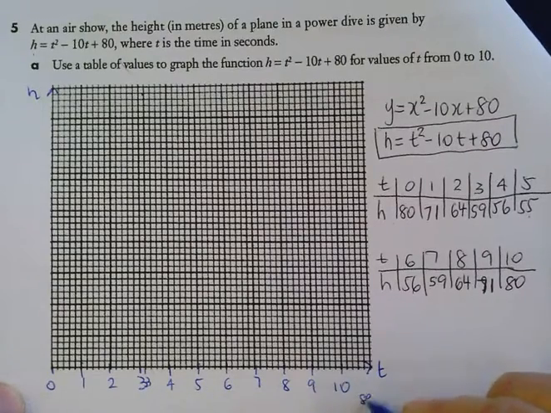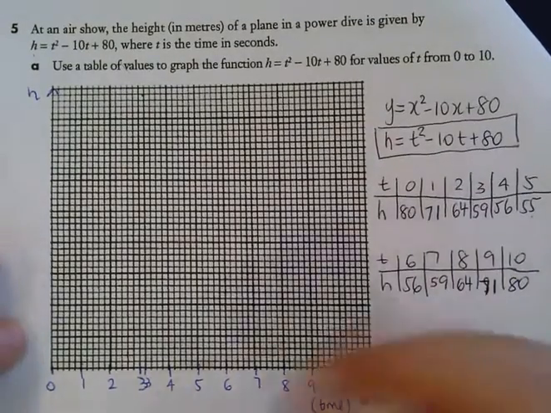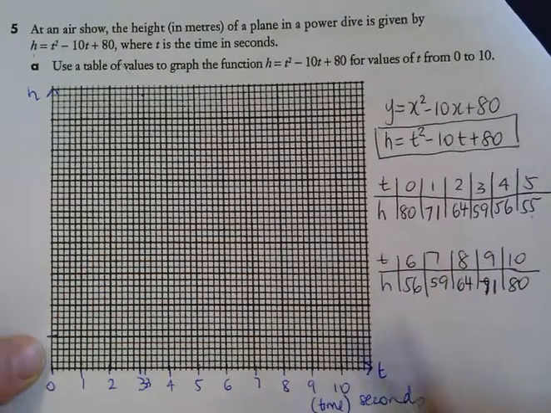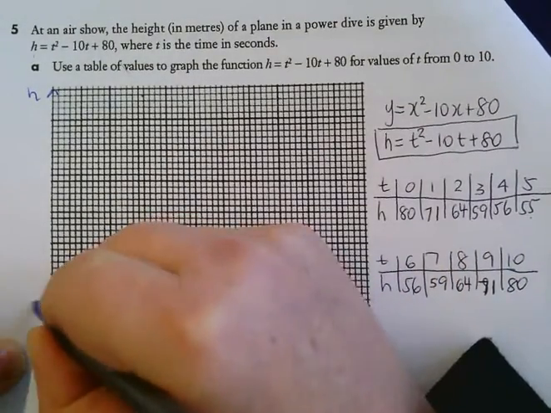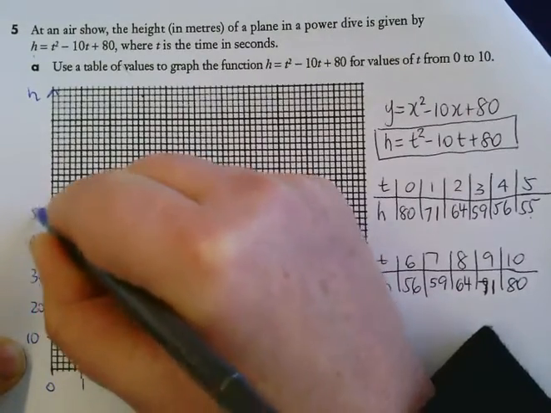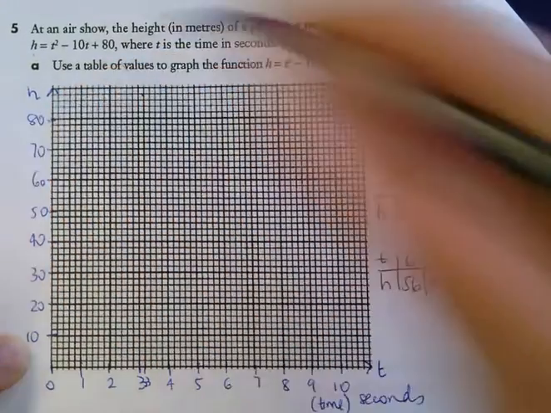And this is time in seconds. And height, I think we go up by 10s because we need a maximum height of 80: 10, 20, 30, 40, 50, 60, 70, 80.